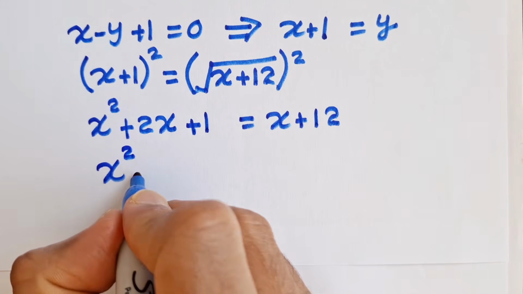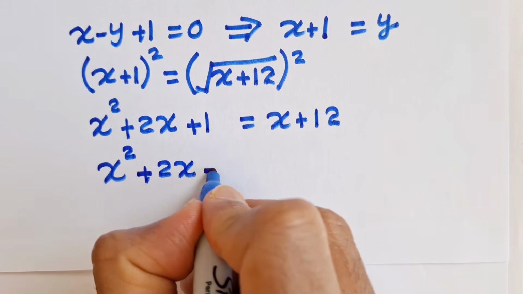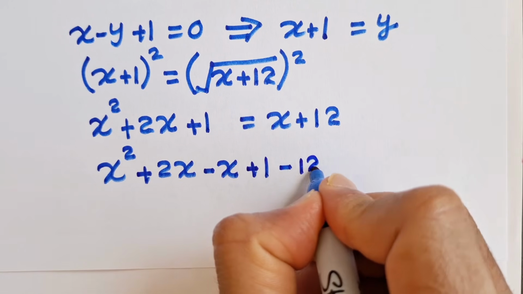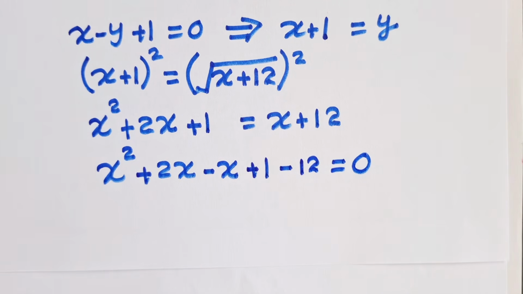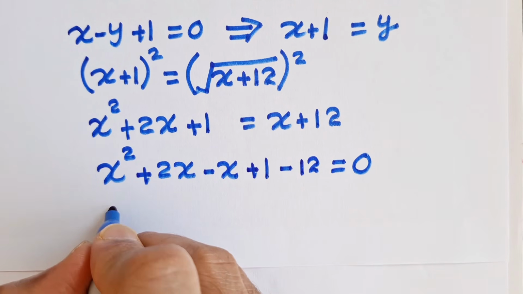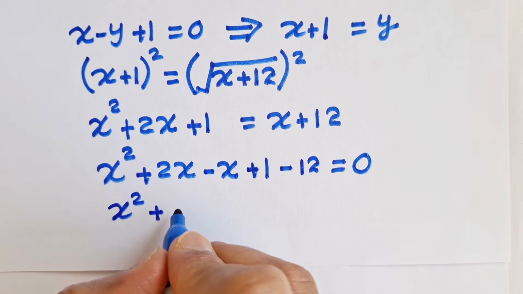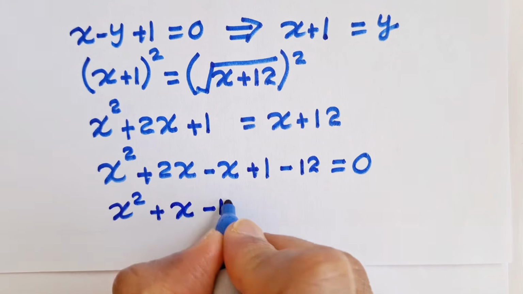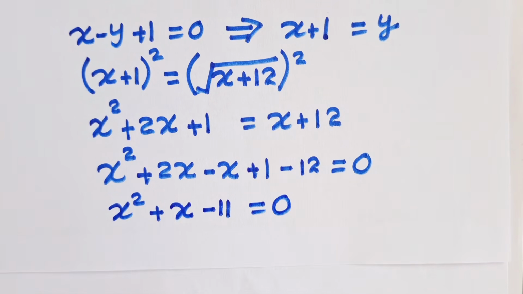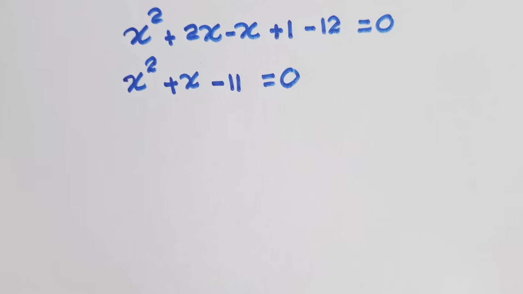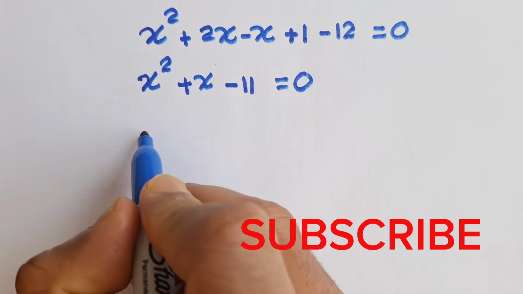I'm going to take all the elements to the left hand side. Then we have x square plus 2x minus x plus 1 minus 12 equal to 0. Then we have x square plus x minus 11 equal to 0. Now I'm going to check the roots for x for this quadratic equation.